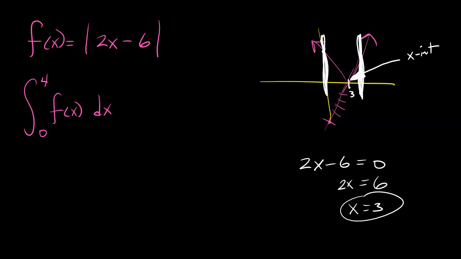And because I just found out that x equals 3 is in between 0 and 4, I know that my graph is made up of two separate lines. That one and that one. And x equals 3 is where they switch. I'm going to break this up into two integrals because my x-intercept was in between my boundaries.